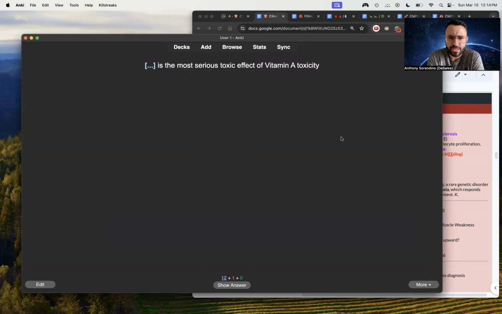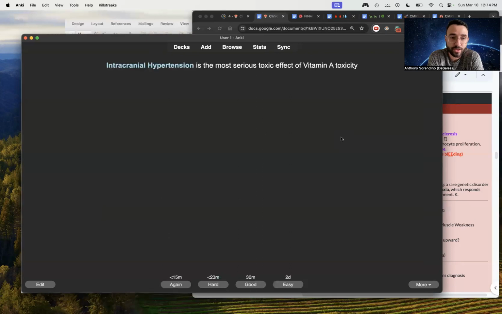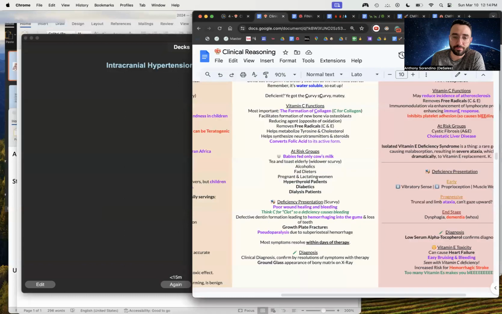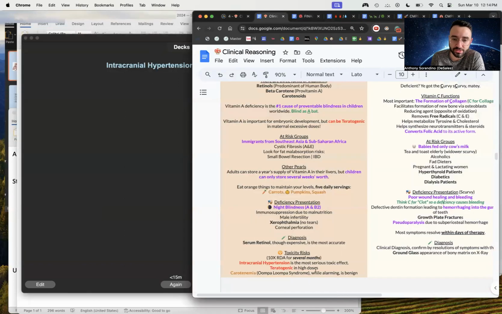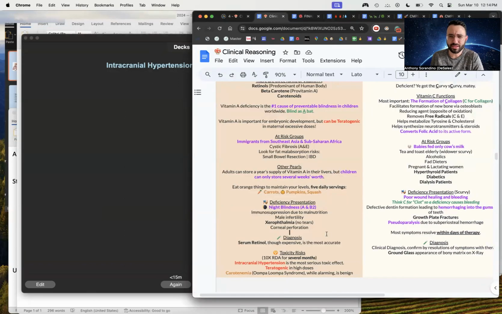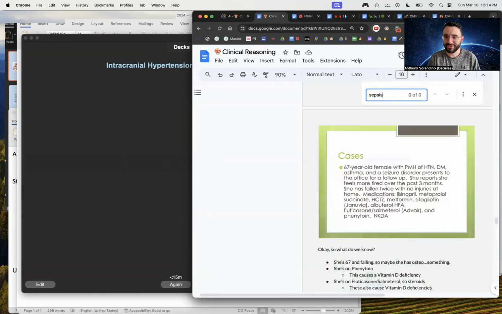Blank is the most serious toxic effect of vitamin A toxicity. Oh, that's a great question. Too much of this. I don't know, like sepsis or something. Intracranial hypertension. Okay. Yeah, that's a big one. We'll see that here. Most serious toxic high. Is sepsis anywhere in this entire document?